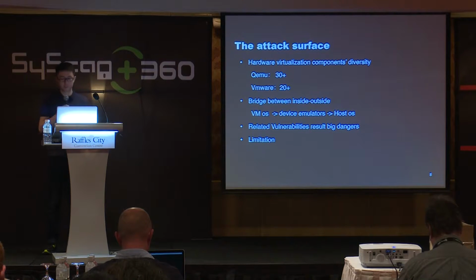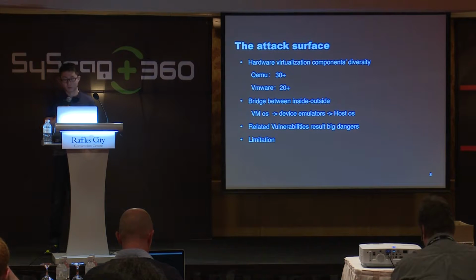Firstly, there are different kinds of hardware virtualization components. For example, there are more than 30 within QEMU and more than 20 within VMware. Second, the hardware virtualization components bridge the guest machine and the host machine. Third, we could add malicious code inside those components' memory, then execute the code. This will lead to really dangerous vulnerabilities.